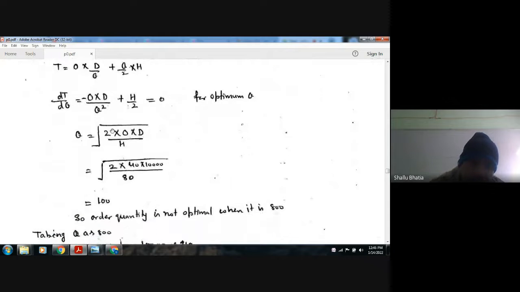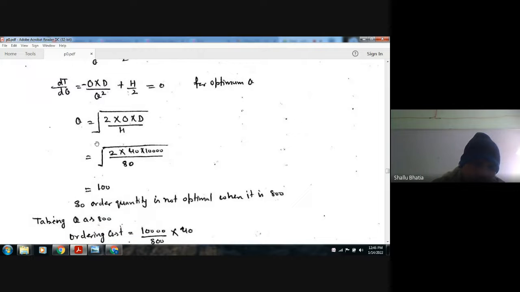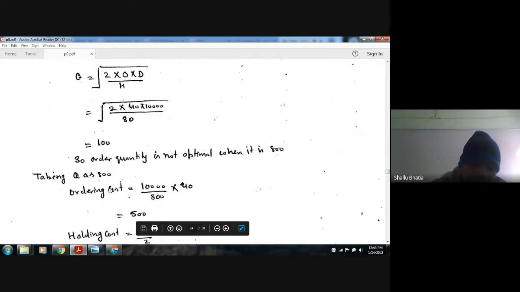So 800 is not the optimal quantity; the optimal quantity is 100.